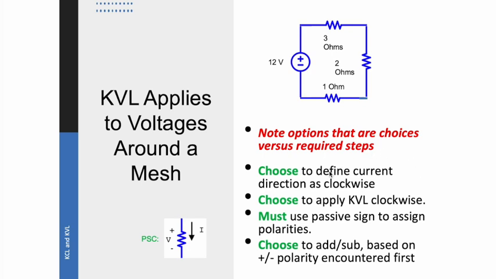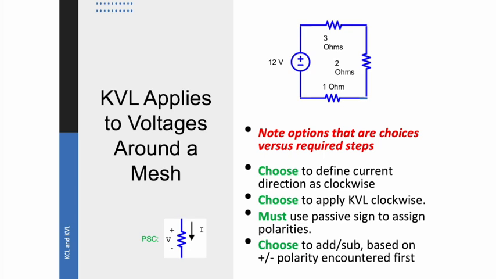I'm going to choose to define the current direction as clockwise. I'm going to choose to apply KVL following the direction of my defined current, clockwise. However, I then must use passive sign convention to assign polarities. Don't have a choice on that. That ensures conservation of energy.